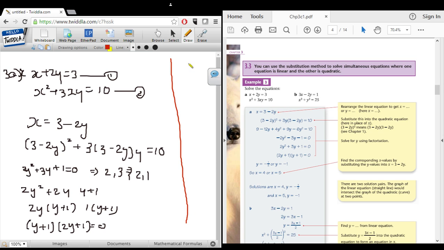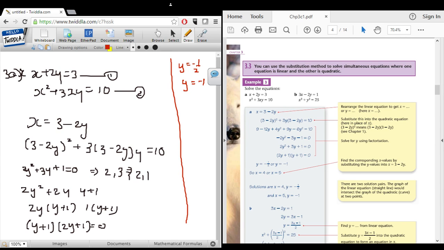Then you can see that y is equal to minus a half, or y is equal to minus 1. If we plug this in, you find the corresponding x values by substituting the y values into x equals 3 minus 2y.